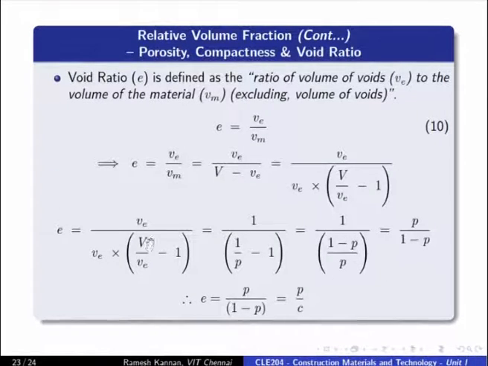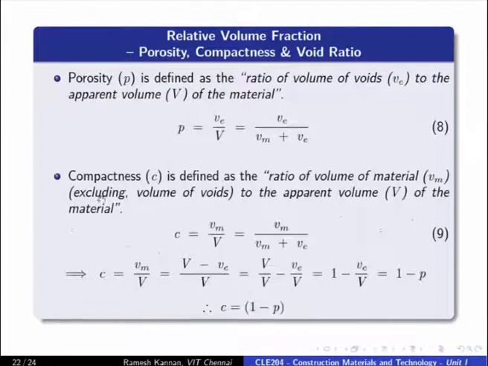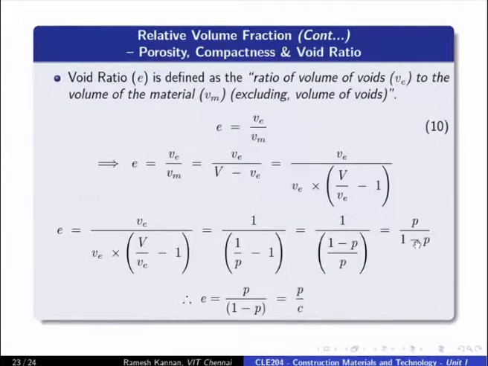So this is kind of an inverse: the apparent volume divided by the volume of voids is nothing but 1 divided by p, the porosity. So we have this form, with p in the numerator, p divided by 1 minus p. We have also found in the previous equation that 1 minus p is nothing but the compactness c. So substitute c in place of 1 minus p, and we have e is equal to p by c.